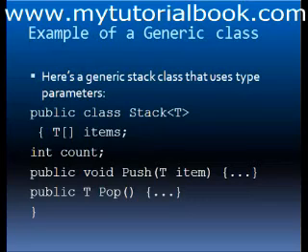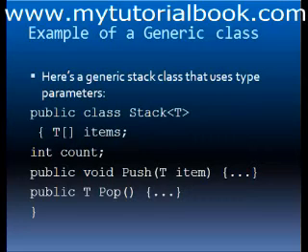Now, in the System.Collections.Generic namespace, I'm declaring a class Stack, and in the angle brackets I'm putting T for type. It's a placeholder for whatever type that I want. The rest of the class is pretty similar to the existing Stack class in the framework. So I've got my array of items, I've got my counter, I've got the Push and the Pop method. Each of them is working with the type.